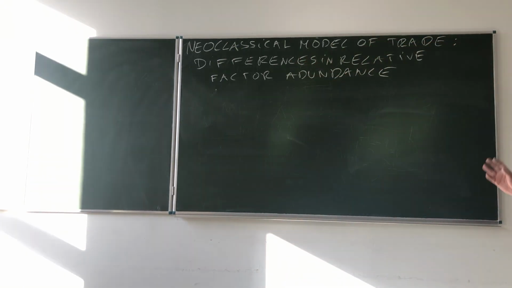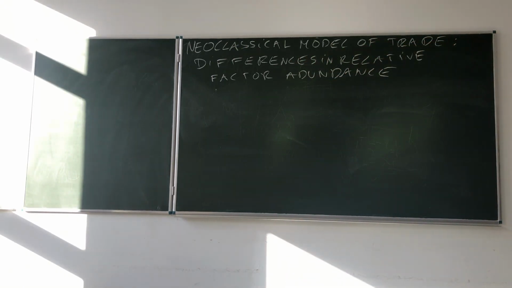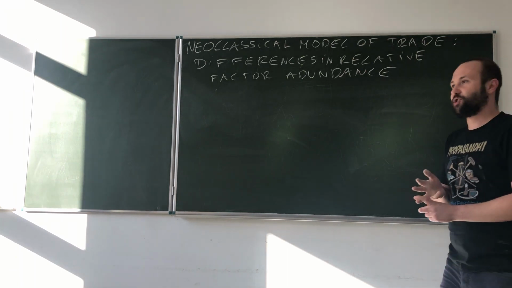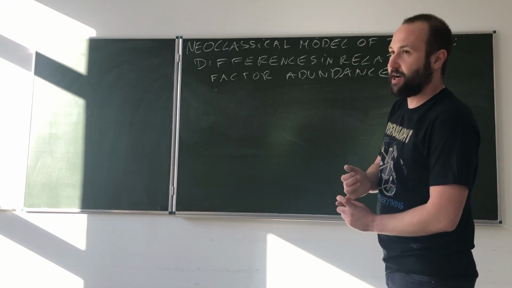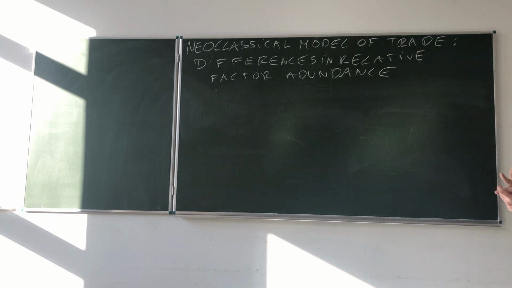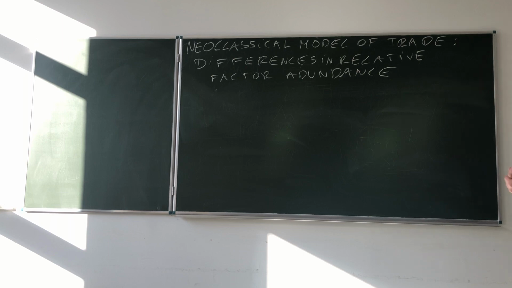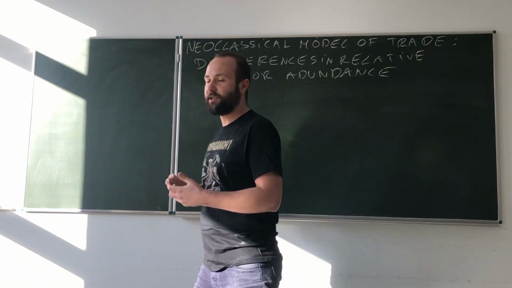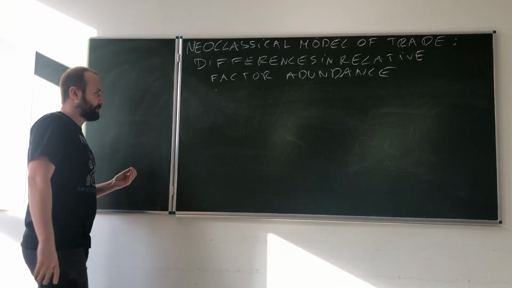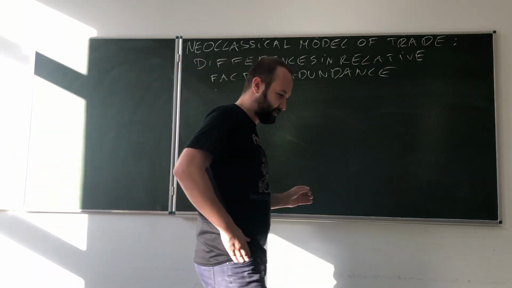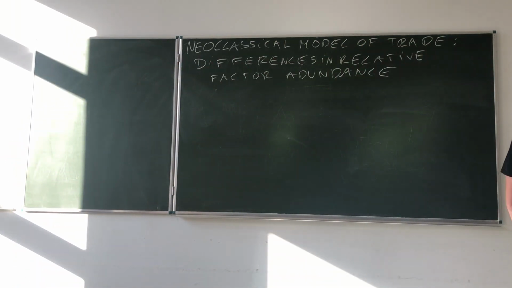will be able to control demand functions, production functions, so the production structure and demand structure of the entire economy, and then we will be able to see how the differences in factor abundance between the countries can be a source of international trade.